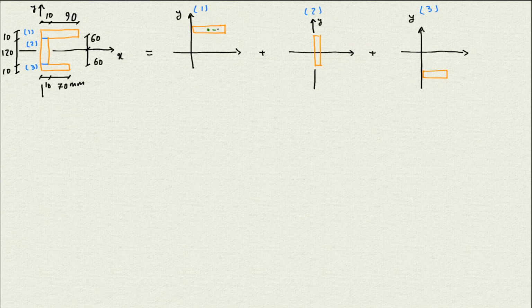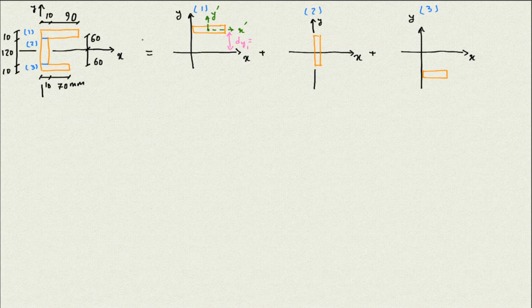So this is the x prime and y prime here, and therefore the dx and the dy for this one is going to be the distance between the x and x axes.